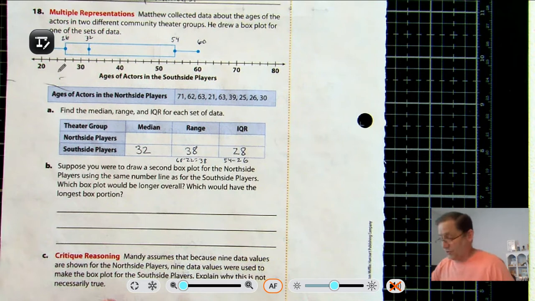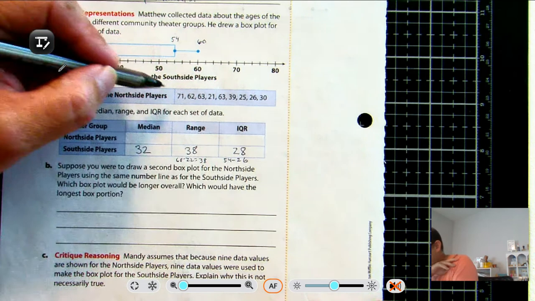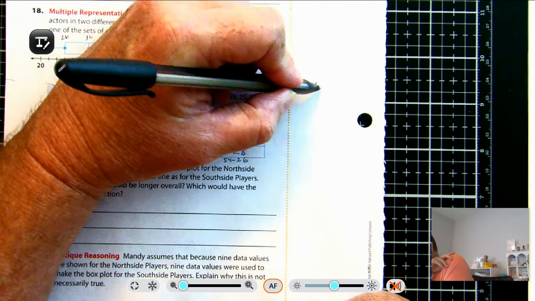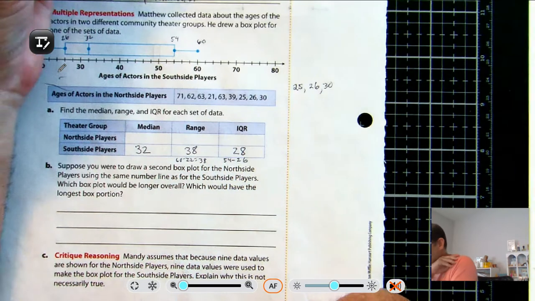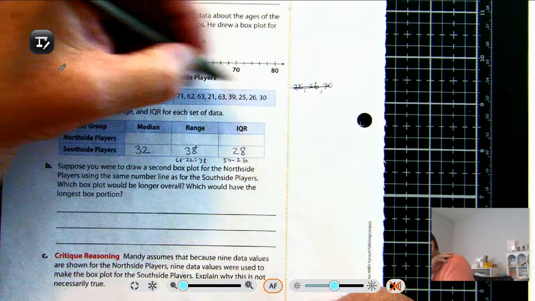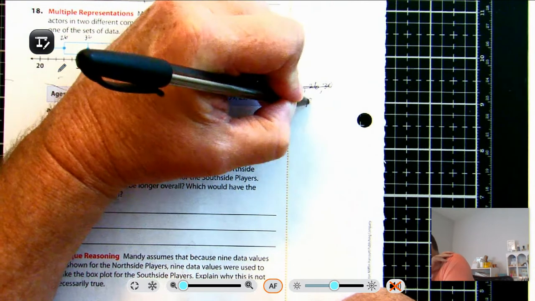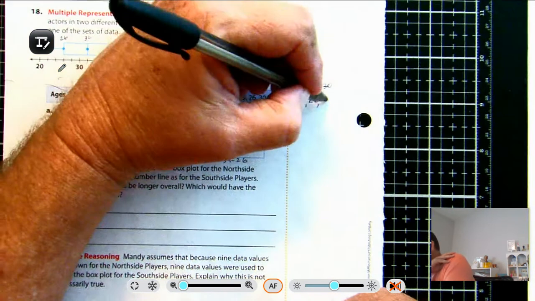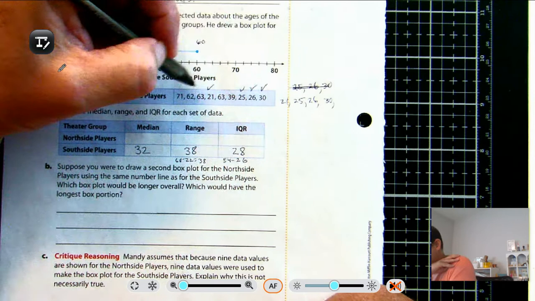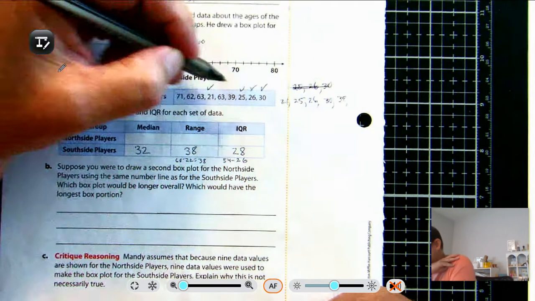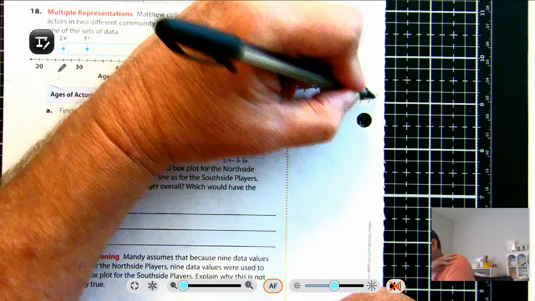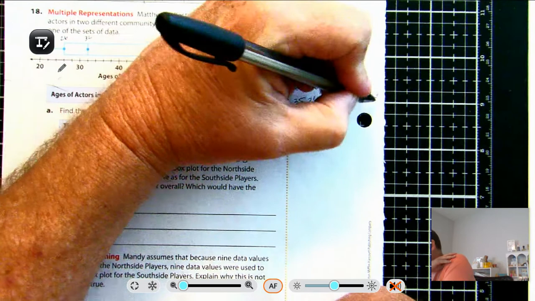All right, so now let's do the north side players. So the north side players, let's put them in order. We have 21, 25, 26, 30, 39, 62, and then 2 actors are 63, and 71.